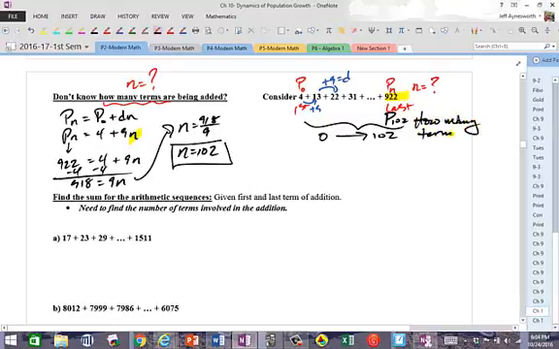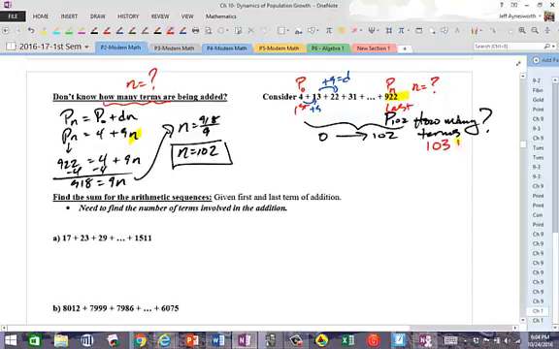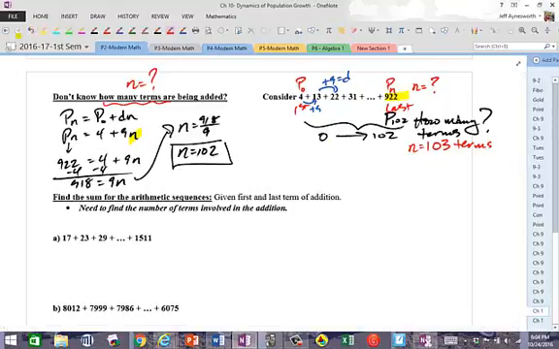If you start counting at 1, there's 102 terms. But if you include 0, well, guess what? There's 103 terms. Whoops, not 13, but 103 terms, because you start counting at 0. Now, that's how many terms there are, so I'm not going to call it n.